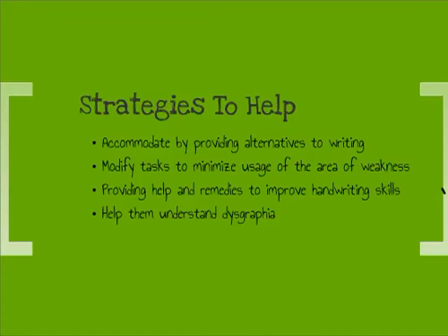And we can help them understand their issues so that they can deal with it more openly and directly. Some technological options might include the spell checker for these students, or a speech-to-text.